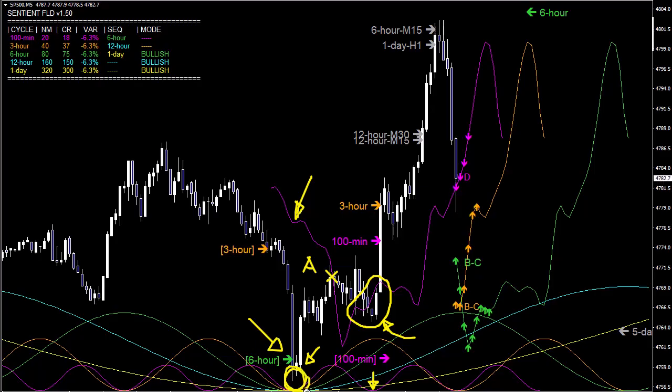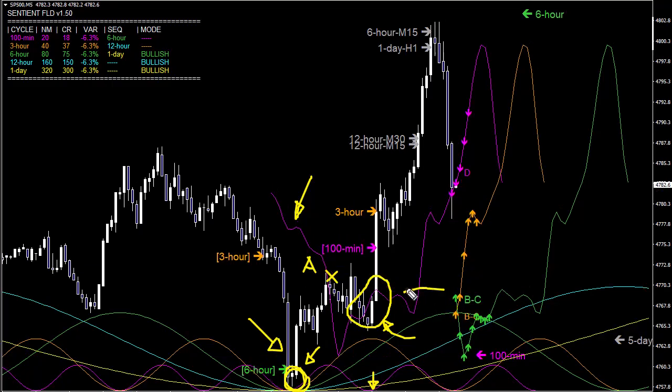Not only does it confirm it for us if we're thinking through it, but the sentient FLD indicator uses that information to inform its cycle analysis. Therefore, at this point over here, we were able to confirm that the one-day cycle trough had formed in the market. And that provides us with the kind of information that we are going to be using to make trading decisions, which is what we will be doing in our next module of the tutorial course.